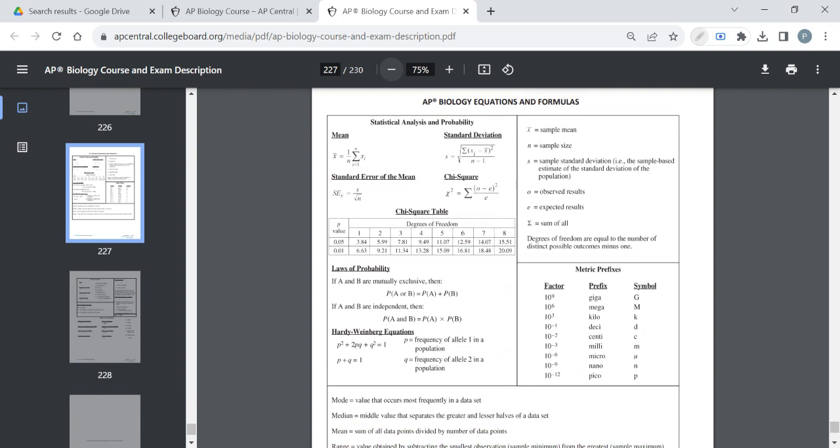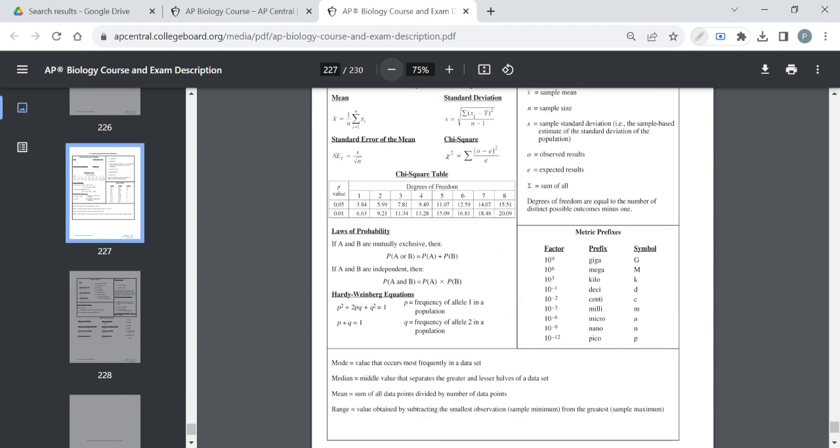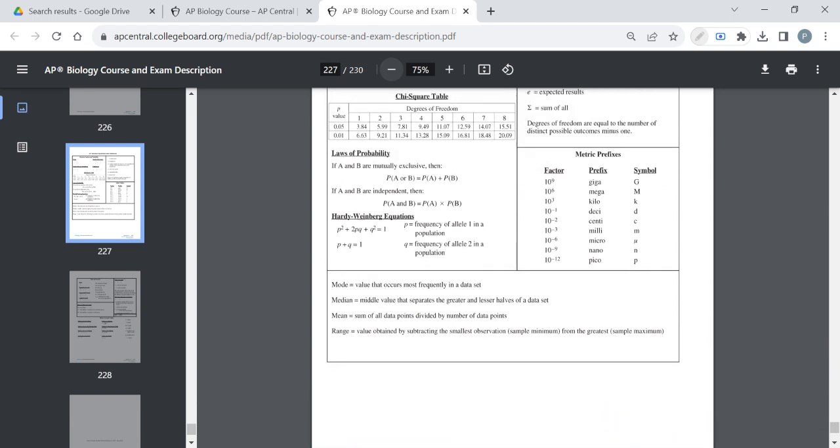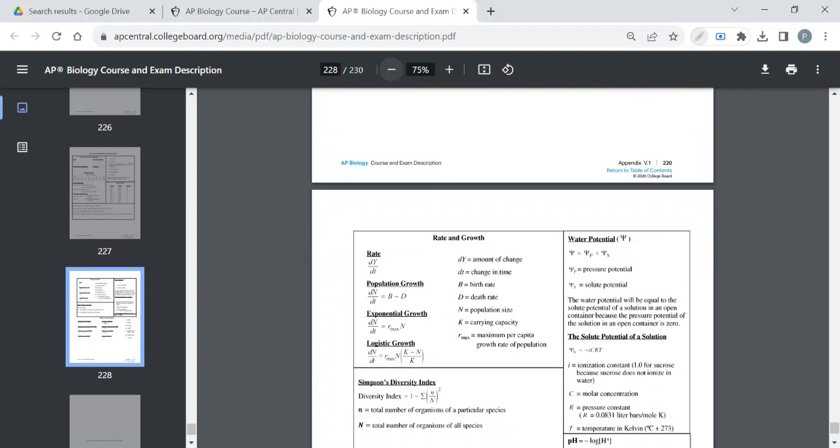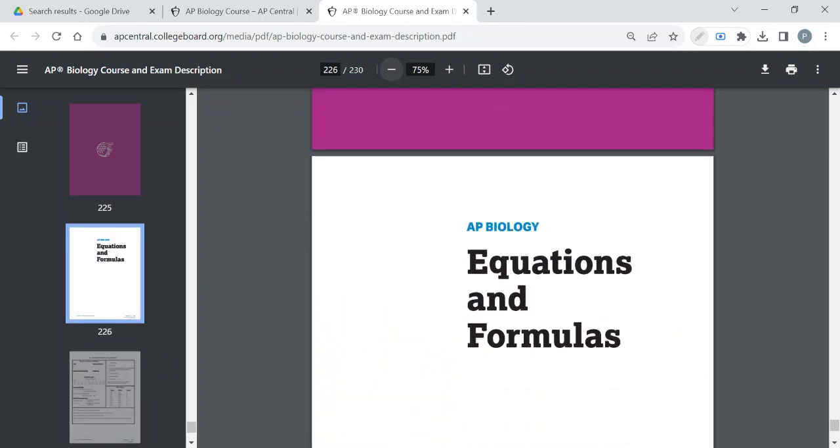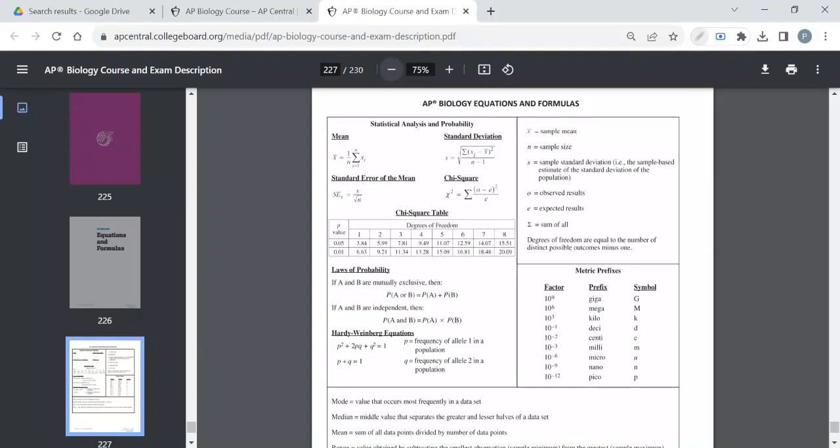Everything that you're going to need for any math related thing in the class is going to be located right here. It says standard deviation, mean, standard error of mean, chi-square. We'll show you when all these are going to be applicable. Instead of just doing a whole huge math lesson, it's a lot better for us to just use it when we need it. To kind of give you an idea: standard deviation can be used in any experiment where we have multiple samples and try to figure out how our data is different.